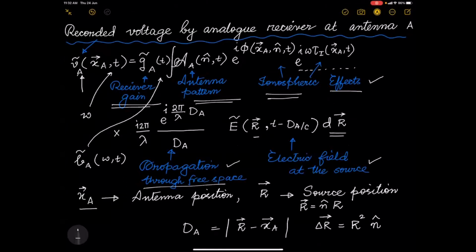So they will all come out of the integral. The real integral over time will only happen over the time dependence of the electric field at the source. Tell me if this point is clear, because this is quite crucial. If there is any doubt here.